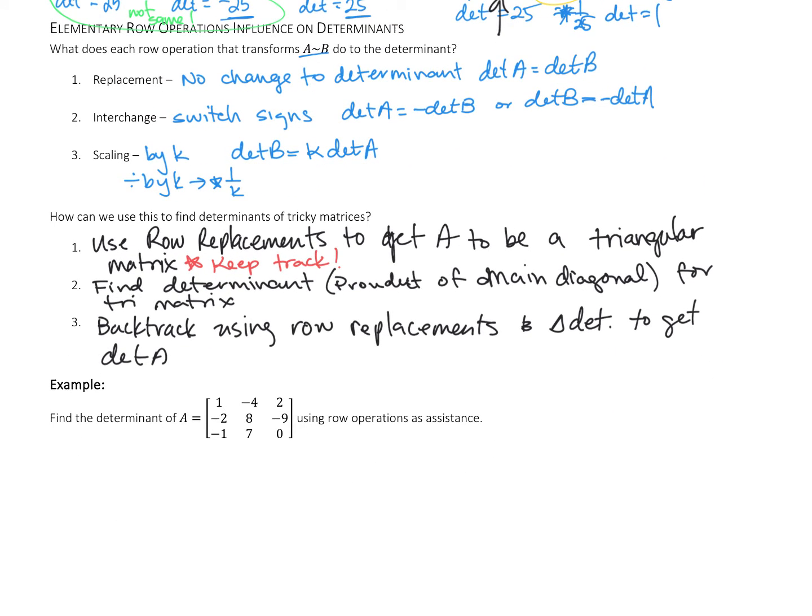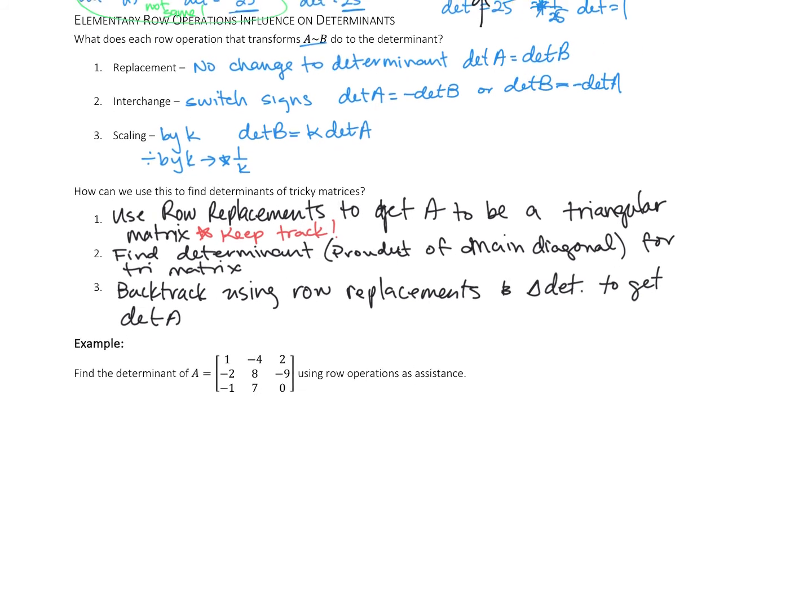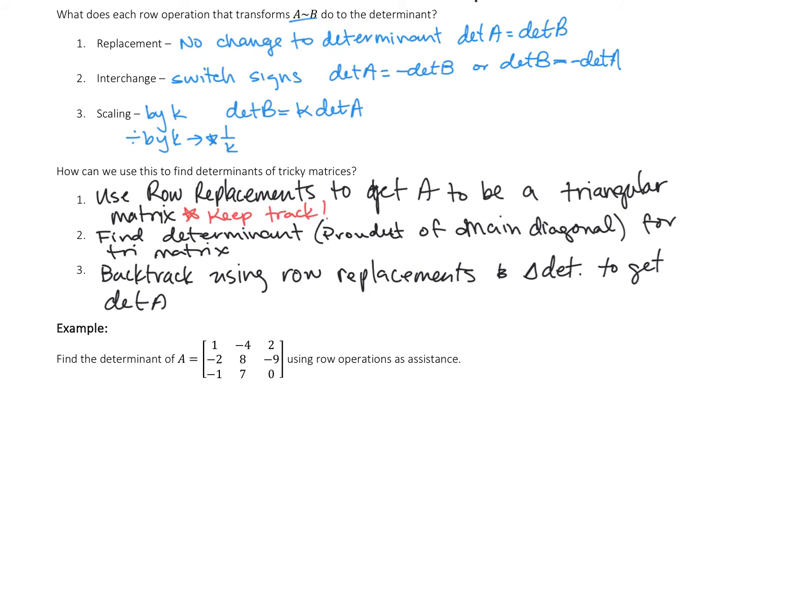Here's our determinant. Now we could do our cofactor expansion. I could do a cofactor expansion using either this row or this column because at least I have a 0 in there, but I don't feel like doing that. So I'm going to do some row reductions and keep track of what I'm doing as I do them. Then I'm going to use what those row reductions do to a determinant to backtrack.